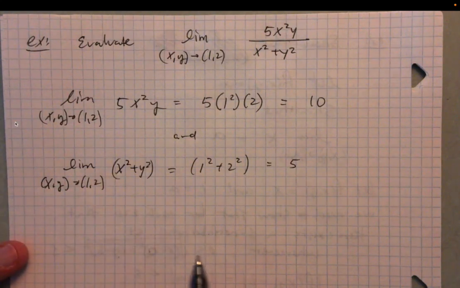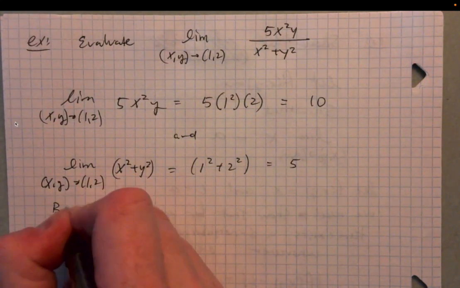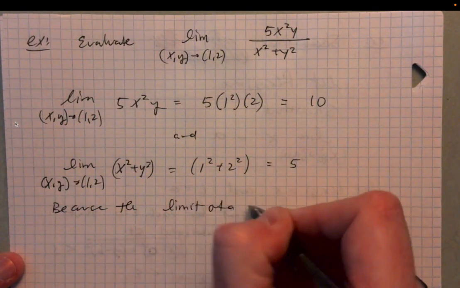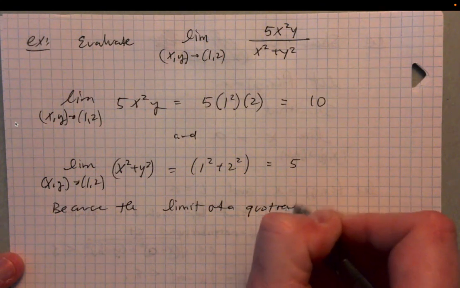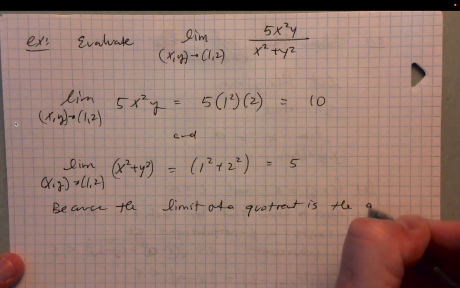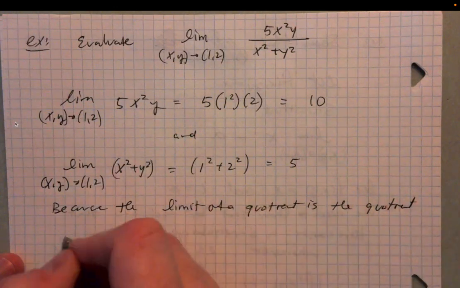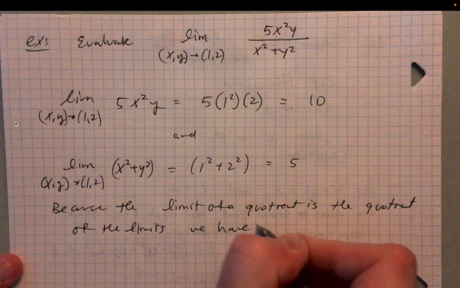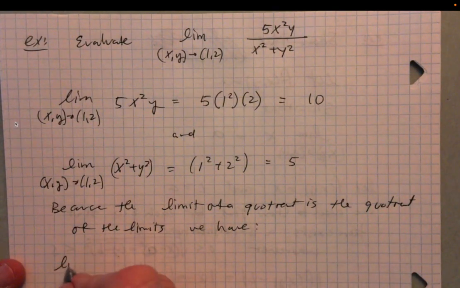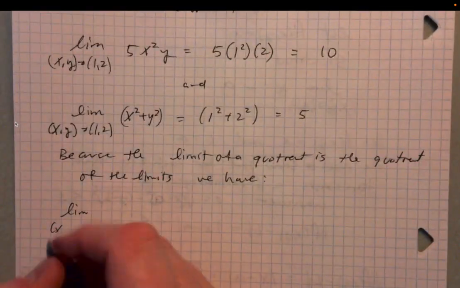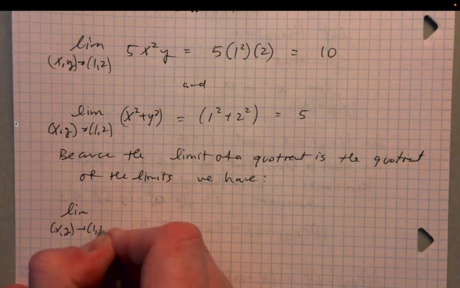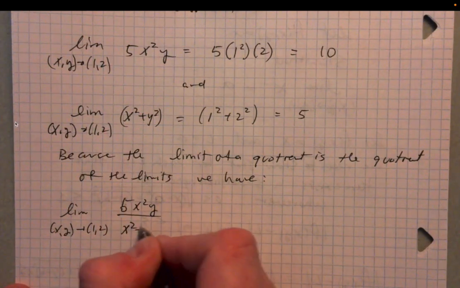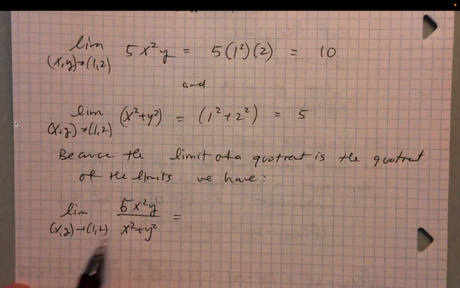And because the limit of a quotient is the quotient of the limits, we have the limit as (x,y) approaches (1,2) of 5x squared y over x squared plus y squared equal to the quotient of the limits.